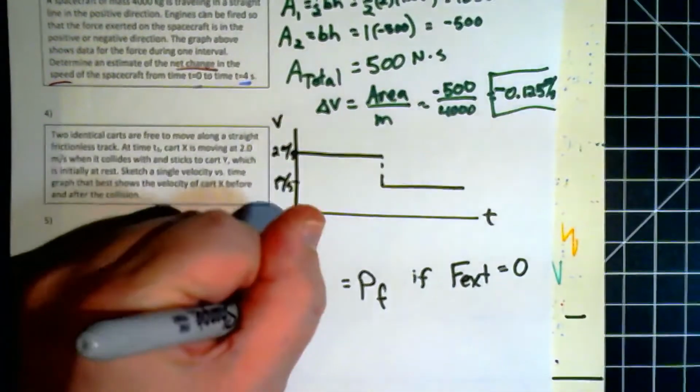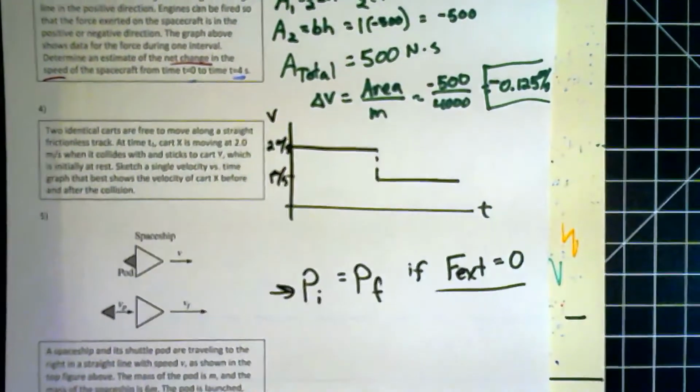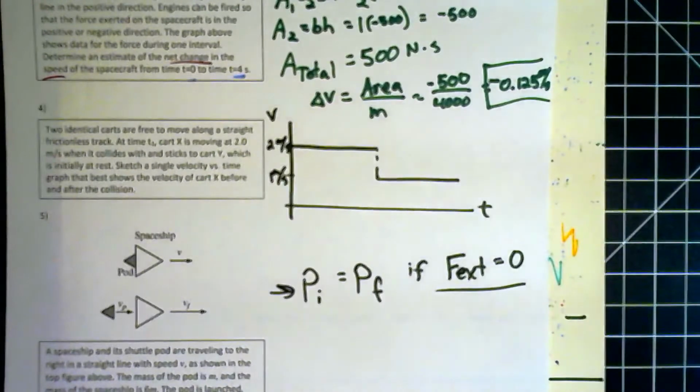But here's the point: if there's no external forces on the system, can it speed up? Can it slow down? Well, no, because there's no force. There's nothing to change its velocity. And that includes the entire velocity of the whole system, specifically the center of mass velocity.